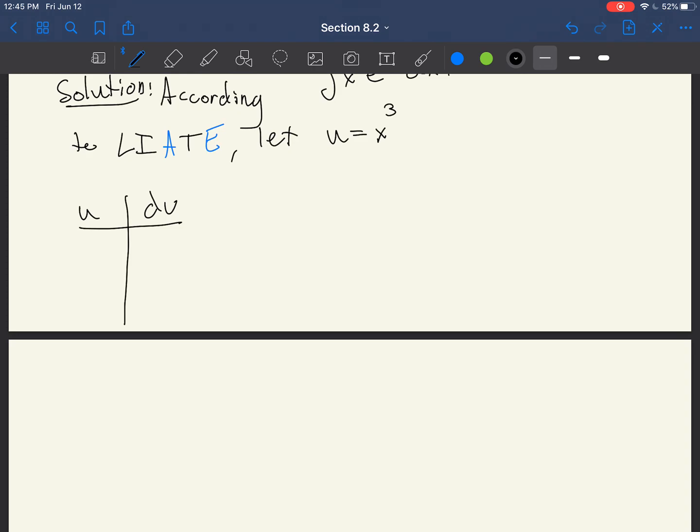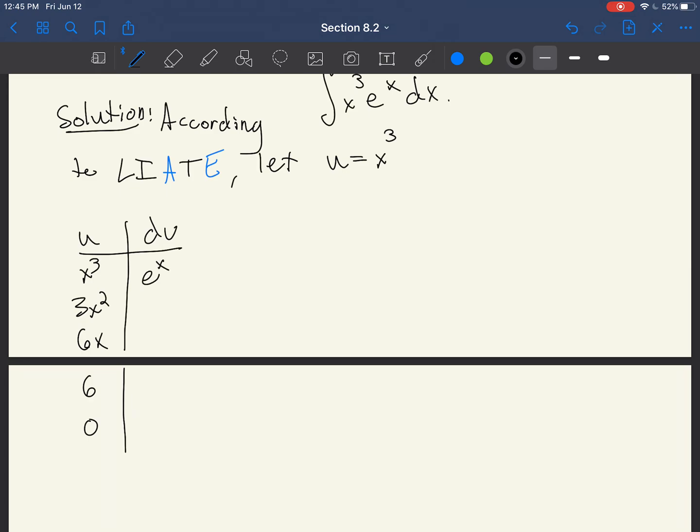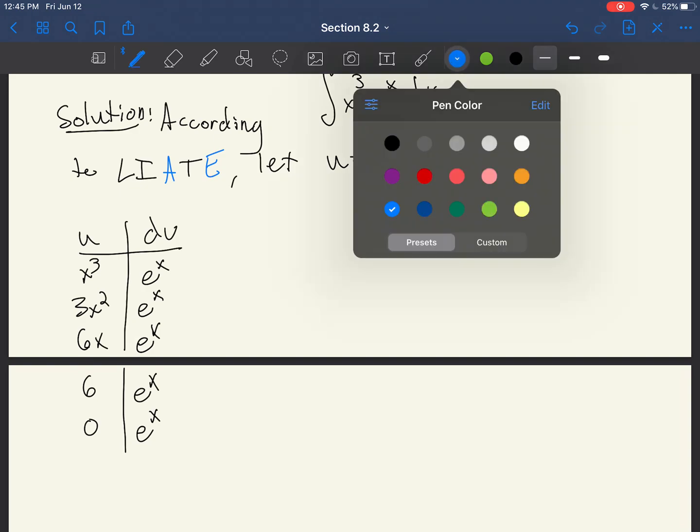So we have u and dv. x cubed, 3x squared, 6x, differentiate u: 6 and then 0. What is left over? You have e to the x left over. Integrate that. And the nice thing is e to the x is always going to be e to the x when you integrate.